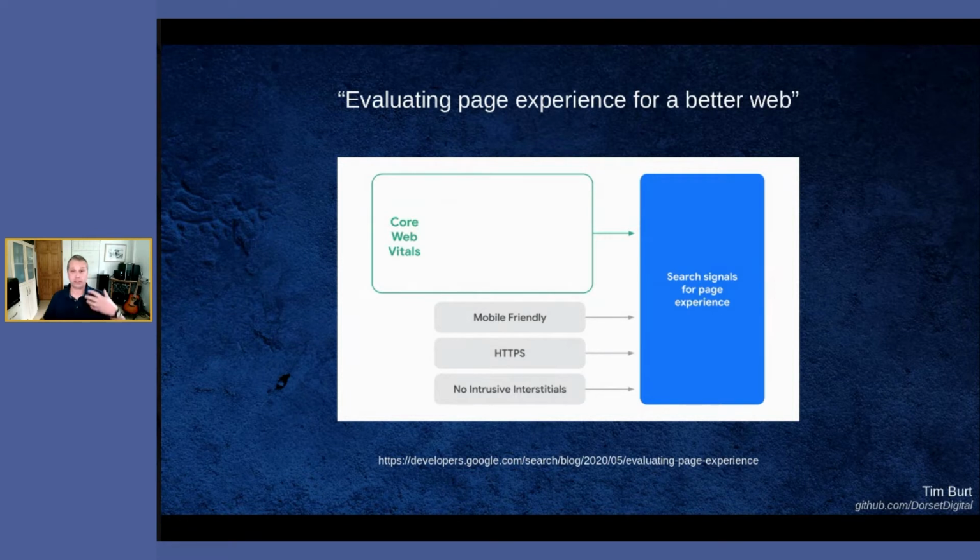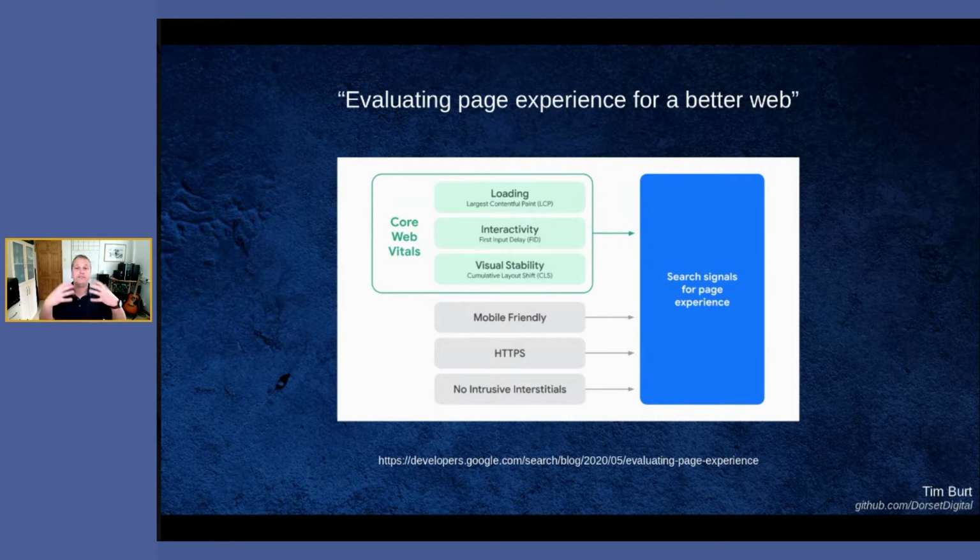It's broken down into three primary areas, and each one has its own score. The first is loading, and LCP, largest contentful paint, is the thing they primarily measure for loading. This is about how the page is rendering for your site visitor. The second is the interactivity of a page, measured with a metric called first input delay. There are lots of these acronyms, so get used to them. FID, first input delay, is how quickly your page becomes interactive to the user.